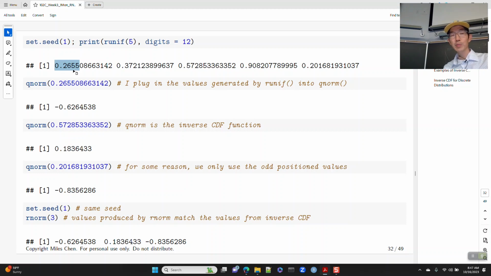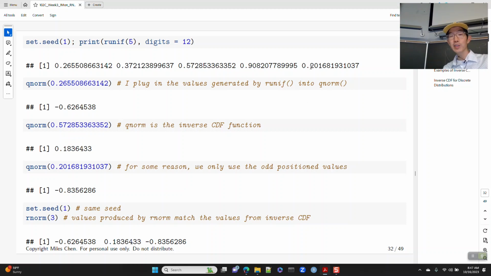So we plug in 0.2655, 0.57285, 0.20168. If I take 0.2655 and plug that into the inverse CDF of the normal distribution, it says that's negative 0.626. Then if I take 0.5728 and plug that into qnorm, it gives me 0.18364.